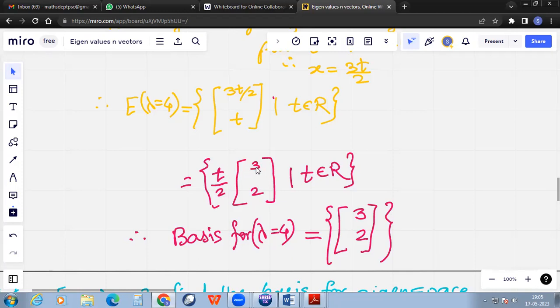Inside I'm left with 3, and here I have to write 2, because twice t by 2 is nothing but t. So I got a fixed vector as a matrix, and this is nothing but the basis. So the basis for E of λ equal to 4 is the set containing the column matrix (3, 2). This is known as the basis for the eigenspace. Why call it a basis? Because all the eigenvectors will be multiples of this kind of vector.